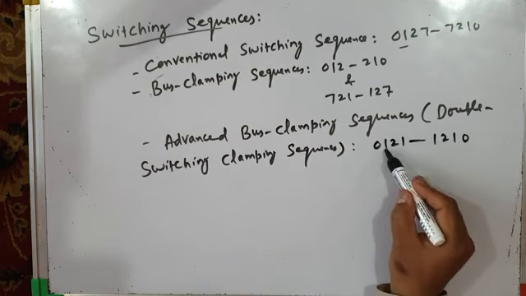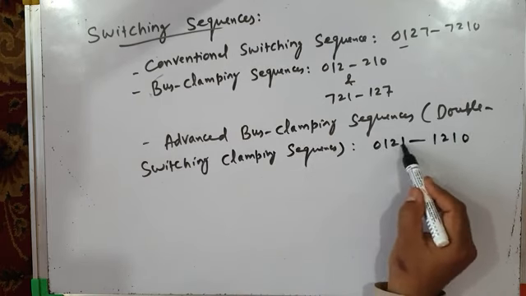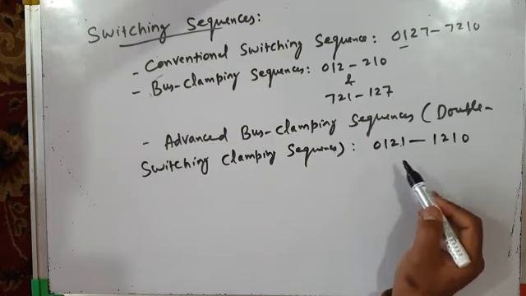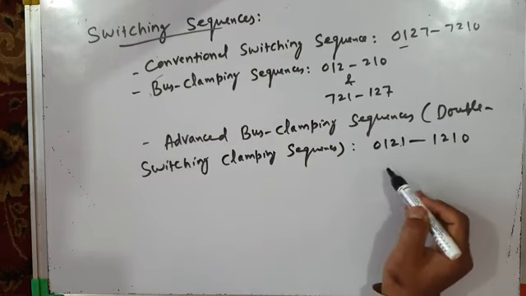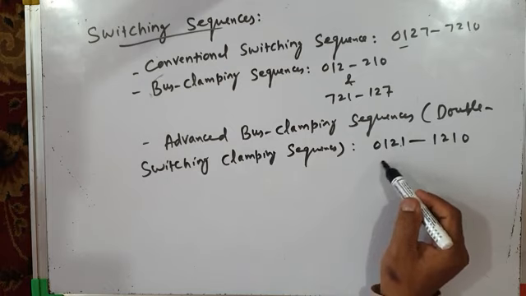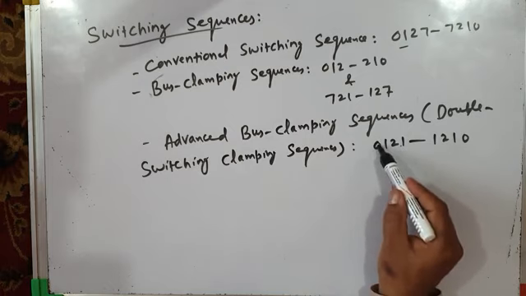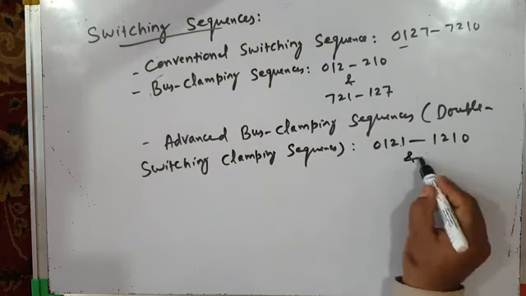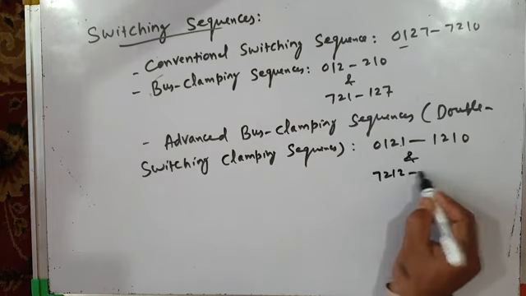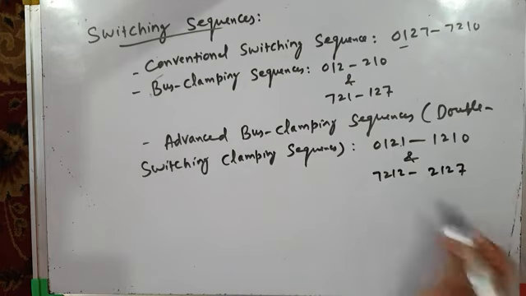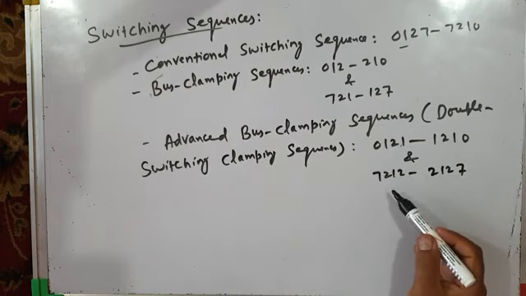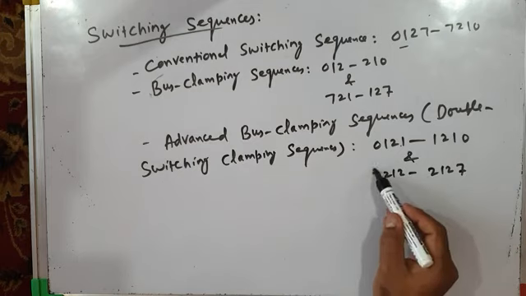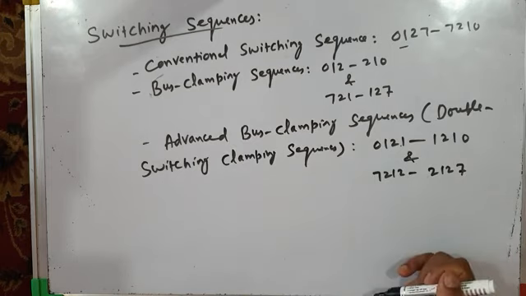Here, active vector 1 is used twice. It results in switching of one phase leg once, switching of another phase leg twice, and clamping of another phase leg to negative DC bus. Okay, and 7212, 2127. This will again result in switching of one phase once, another phase will be switched twice, and the third phase will be clamped to positive DC bus.